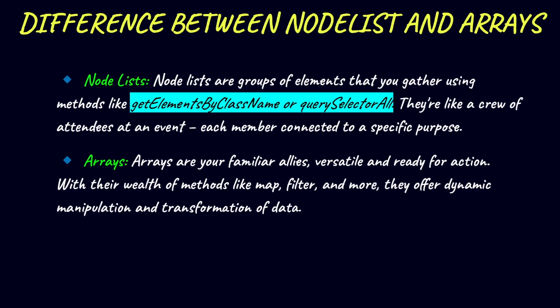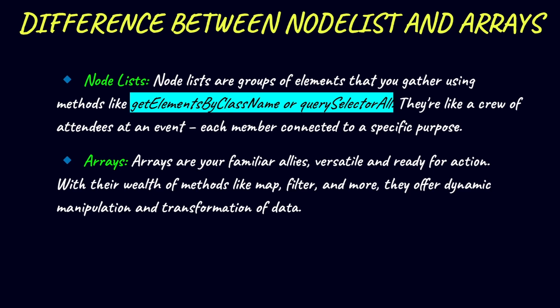Arrays are like your familiar allies, versatile and ready for action. These node lists are not that versatile, right? They can be converted into arrays, but if you try to use some array function directly on it, thinking it is an array, then it is not going to work. It will work after you convert them into arrays, right?